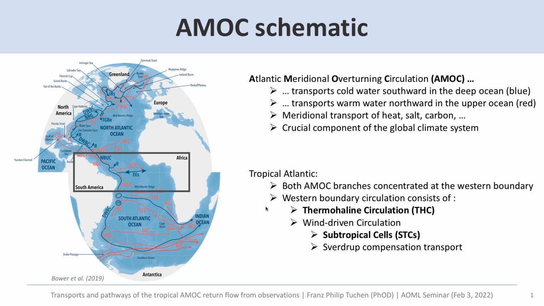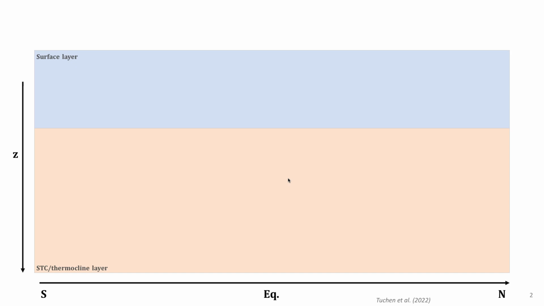And especially this superposition of these two components, the THC and the STCs, is quite interesting to observe in another schematic view, which I'm going to show you now. So just think of this as the tropical Atlantic.